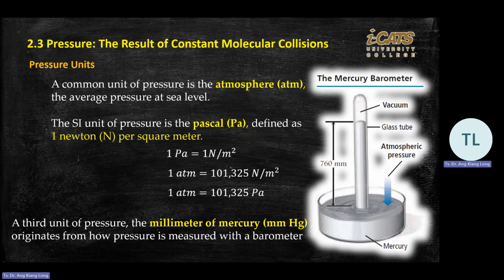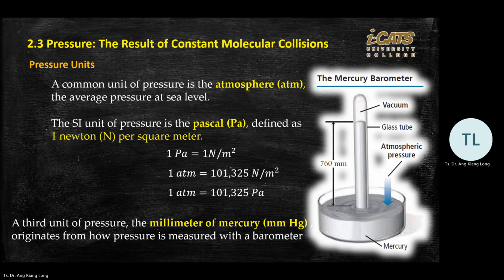Okay, so I'll just give you an illustration. A standard atmospheric pressure, if you put in 1 atm, the standard height of mercury will be 760. 1 atm equal to 760 mmHg. So this is a standard value that you assume you know.